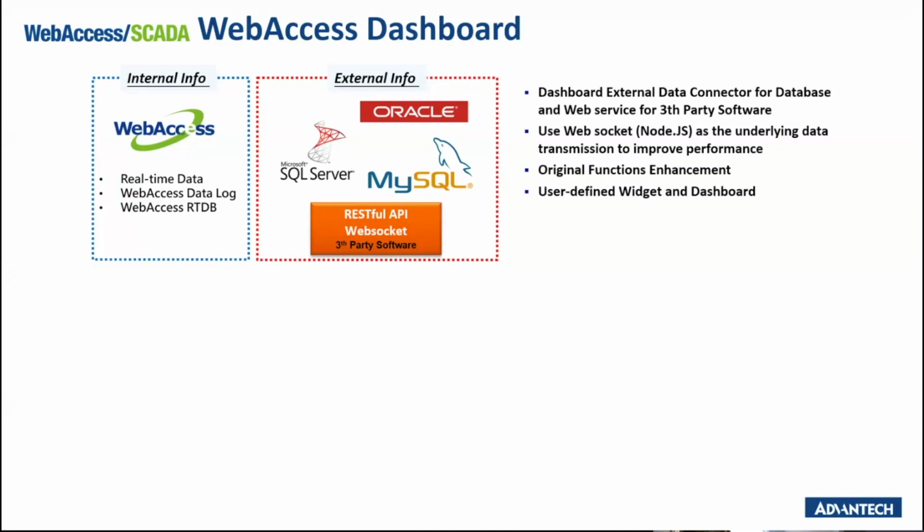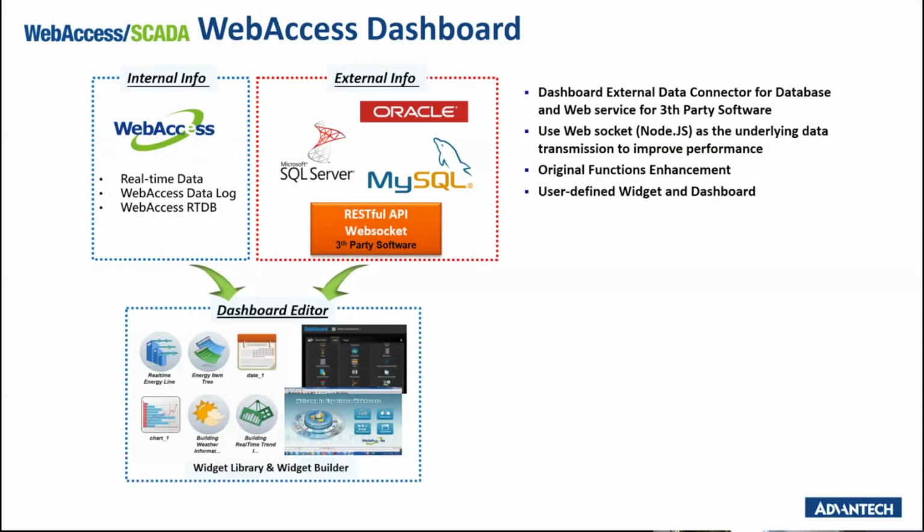There are two types of database that you will observe for our SCADA. One we classify as internal, and one we classify as external. For the internal database, as I mentioned, we have a built-in WebAccess real-time database, called WebAccess RTDB for short.